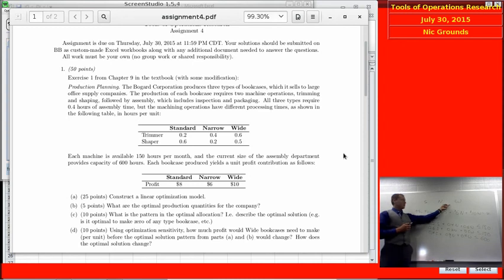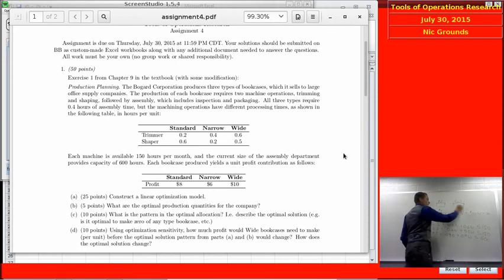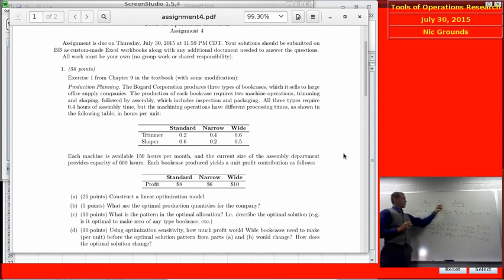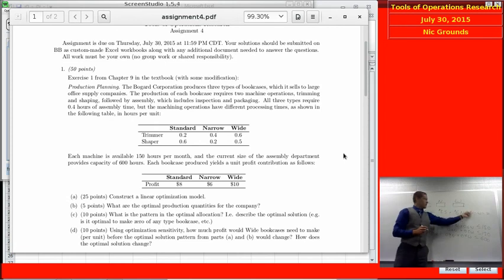So, decision variables. In Excel, we create and label cells for values to put in to represent S, N, and W. We compute the objective function as 8 times whatever value is chosen for S, 6 times N, 10 times W, added up together.